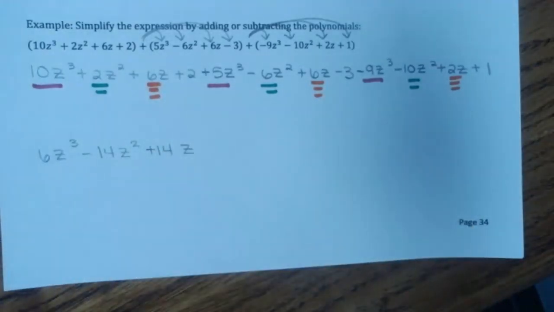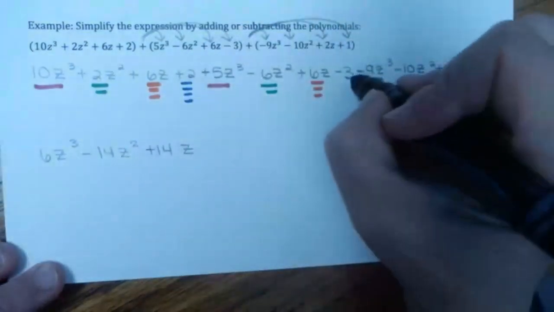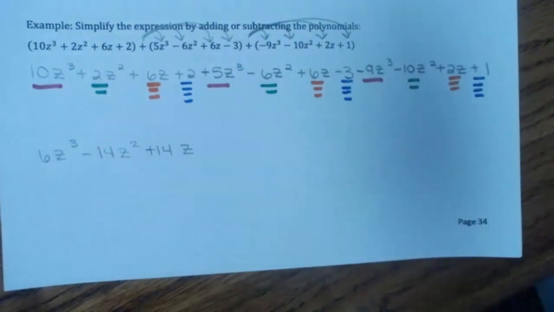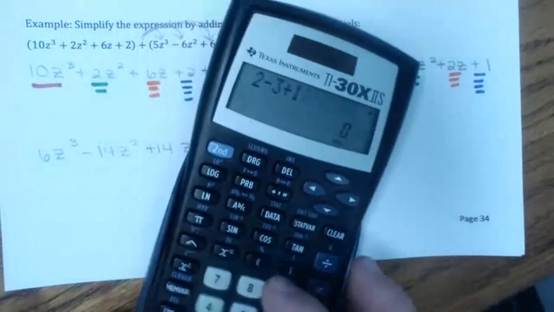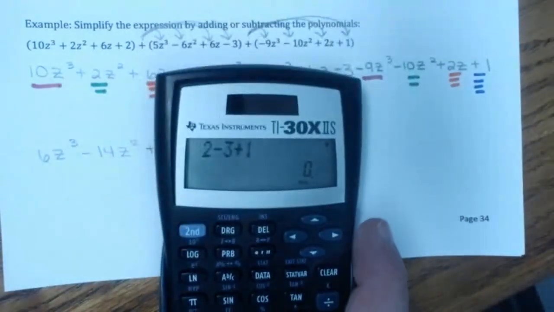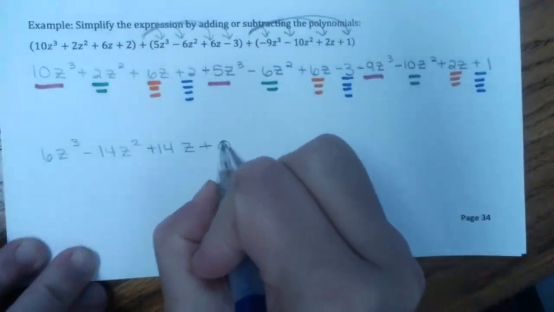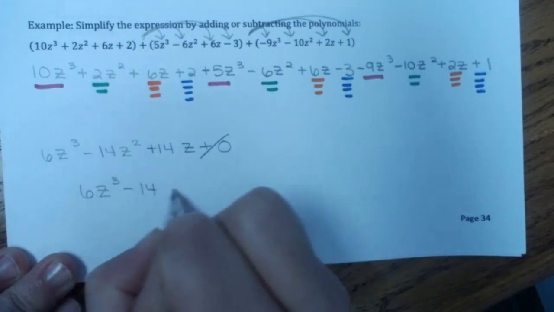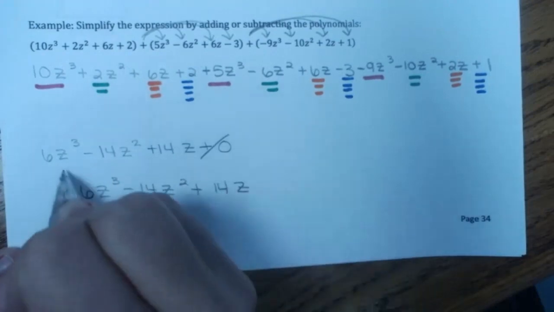And then we have, last but not least, 2 minus 3 plus 1. So 2 minus 3 plus 1 will give us 0. So I don't need to write plus 0. So we have 6z cubed minus 14z squared plus 14z as our final answer.